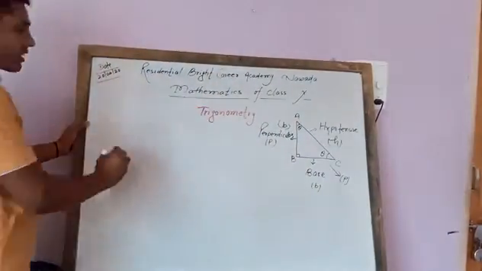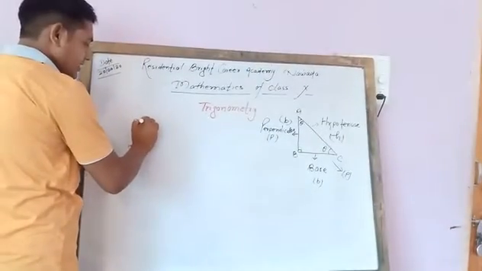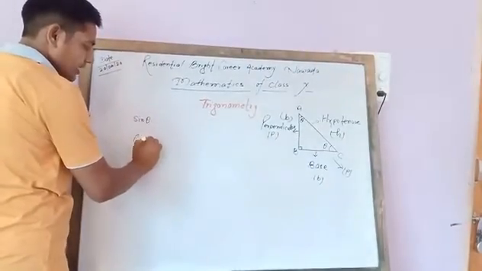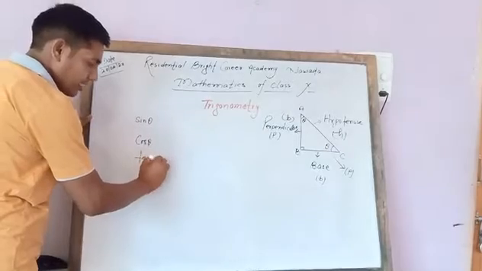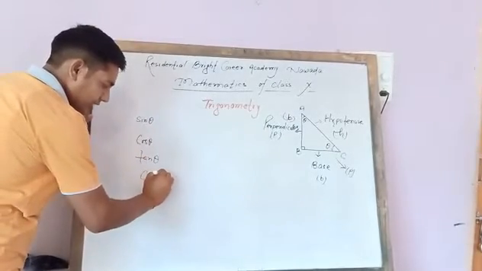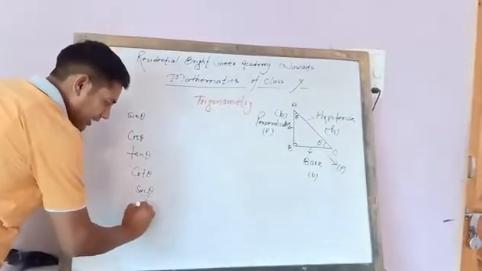In trigonometric ratios, there are sin theta, cos theta, tan theta, cot theta, sec theta and cosec theta.